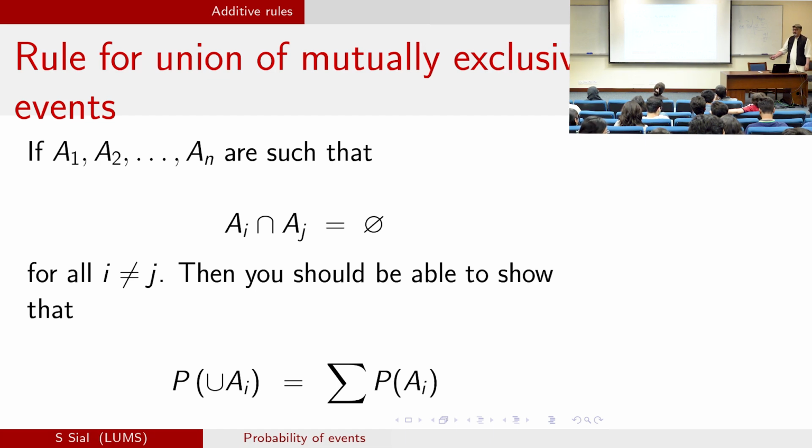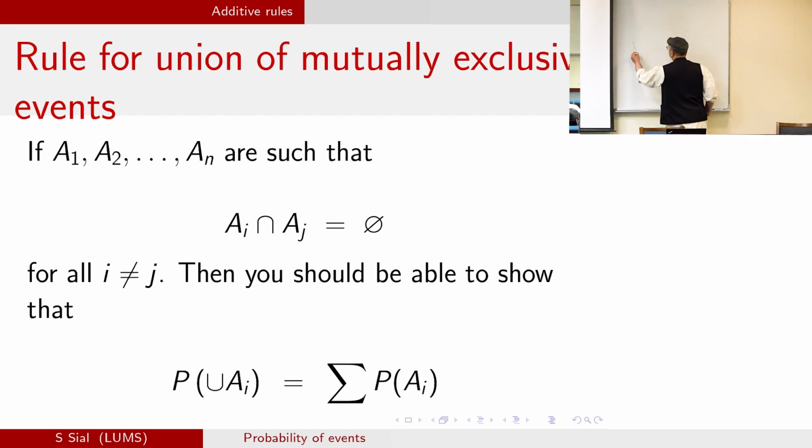All of the A_i. So if I have probability, let's say A union B union C, that's the probability of A plus the probability of B plus the probability of C minus some probabilities of intersections.